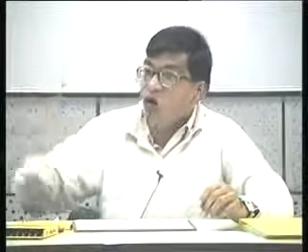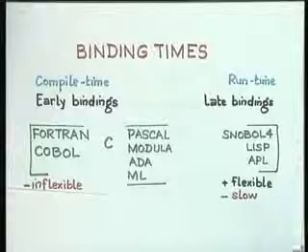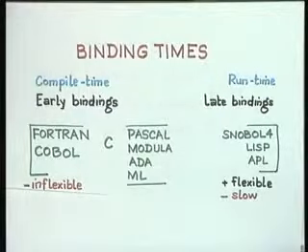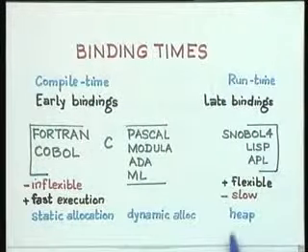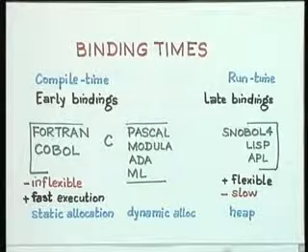The request for more memory, all that is done at runtime. As a result, these languages are in general very slow, but they are highly flexible. You can do the data structuring completely dynamically with absolutely no static allocation. Most of the allocation is on the heap in such languages.